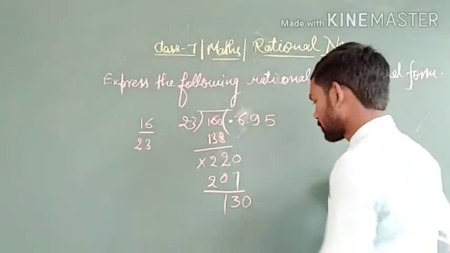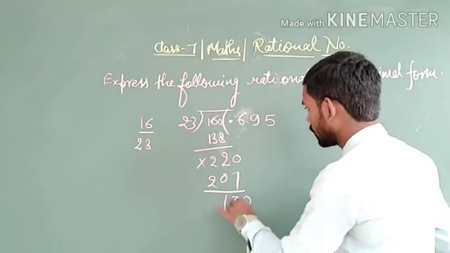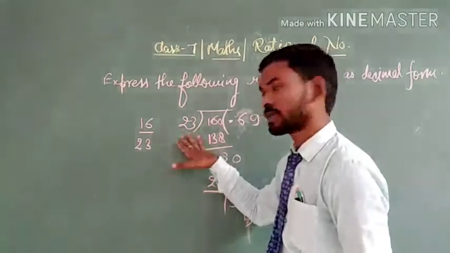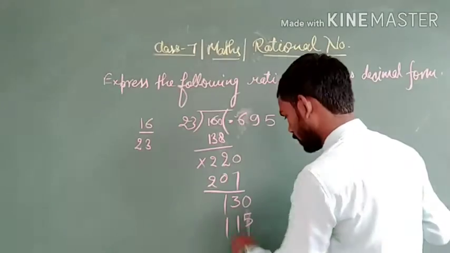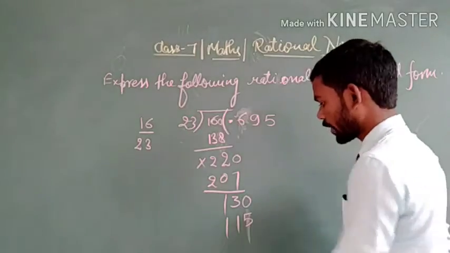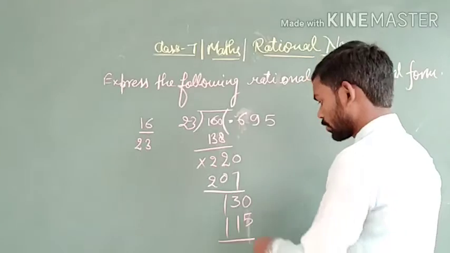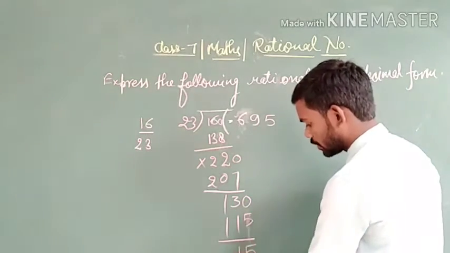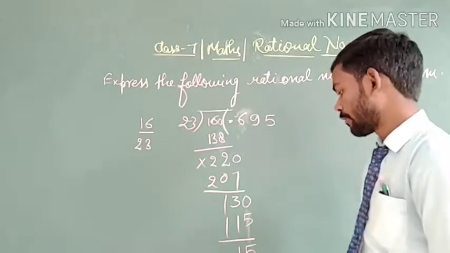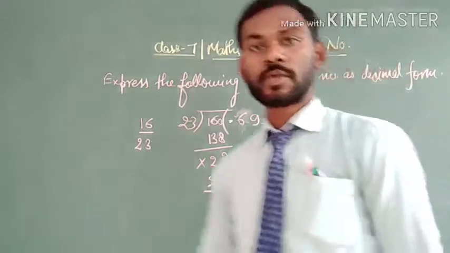So 5 3s are 15 and 5 2s are 10, 10 plus 1, 11. Now we subtract, let's see what we get here. So here we get 10 minus 5, 5 and 2 minus 1, 1. It becomes 15. Again we increase here 0.